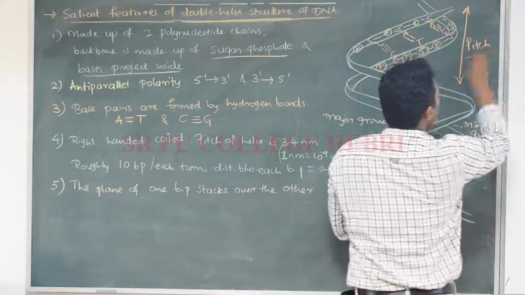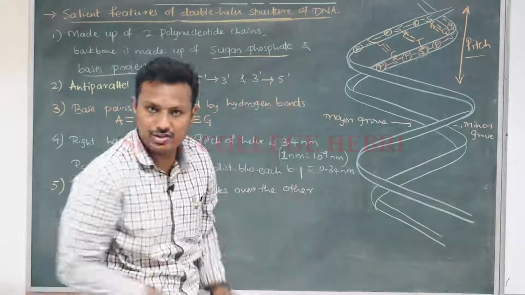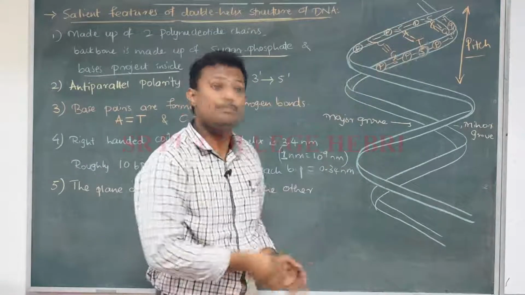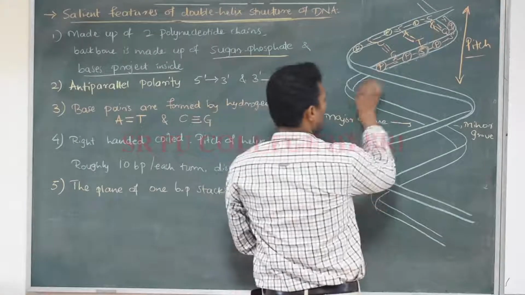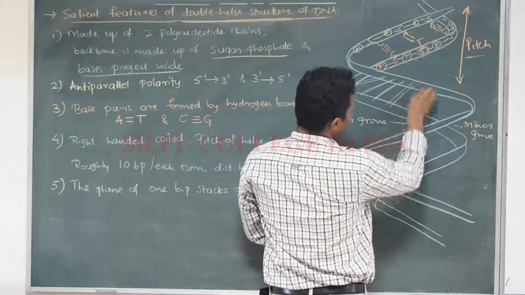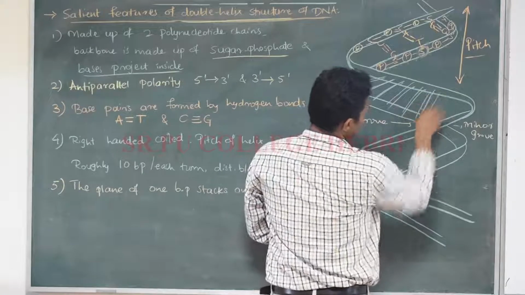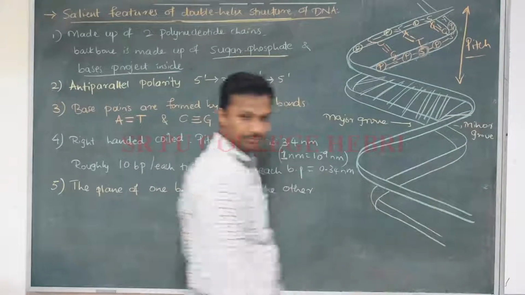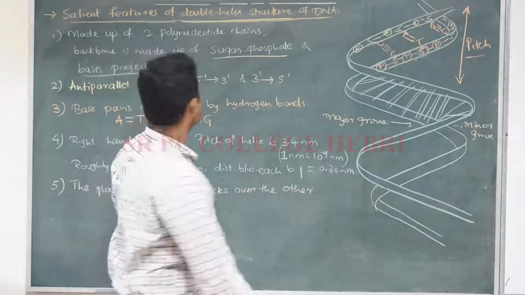This is called one pitch of the DNA double helix. So in one pitch, approximately there are 10 base pairs. See, you are going to draw it like this. This is 1, 2, 3, 4, 5, 6, 7, 8, 9 and 10. 10 base pairs per each turn.